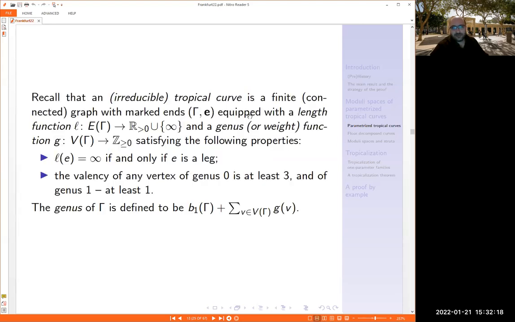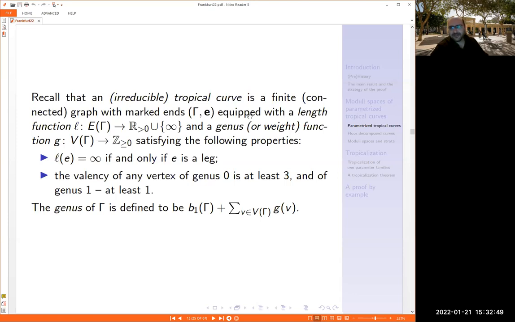Let me start by recalling that a tropical curve, an abstract tropical curve, is just a finite connected graph Γ with marked ends, I always mark the ends, equipped with two functions. For each edge, I have a length, which is a positive number or infinity, and the genus or weight function g from the set of vertices to the non-negative integers, that satisfies the following properties.